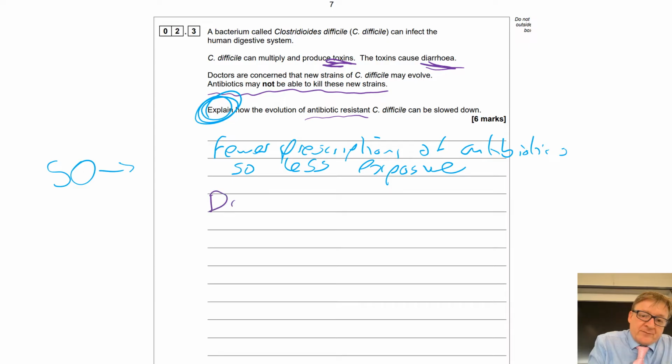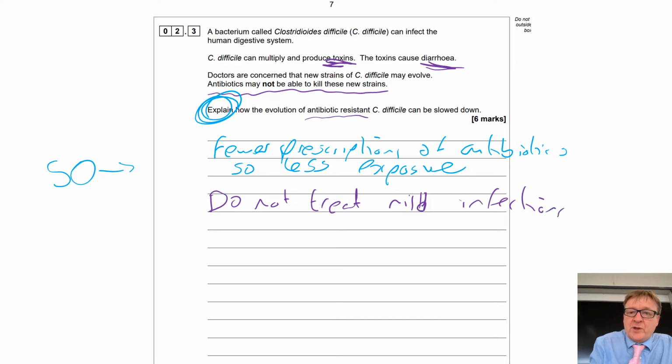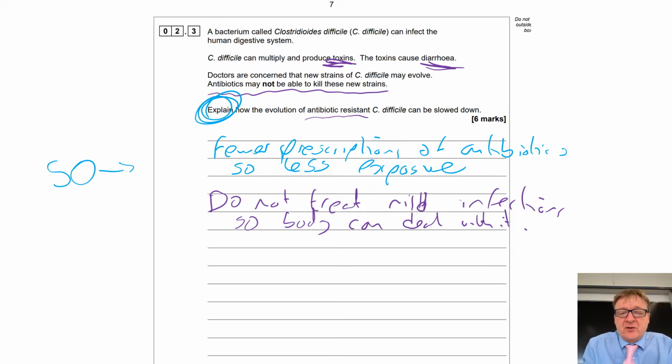If you've got mild infections, do not treat them with antibiotics, so the body can deal with it. That kind of makes sense really, because then it's not getting exposed to it.